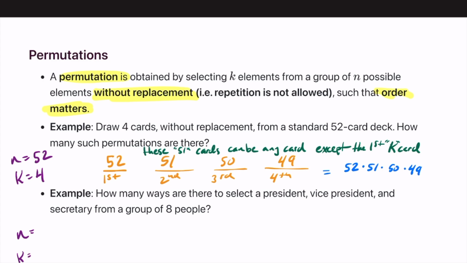So in this case, n equals 8 because we have 8 people. k equals 3 because we're selecting for 3 positions, right? Group of 8 people, selecting a president, vice president, and secretary. So let's start with drawing our 3 things. So we know we're going to have 3 items that we select. And this is going to be, let's just start with president, vice president, and secretary.